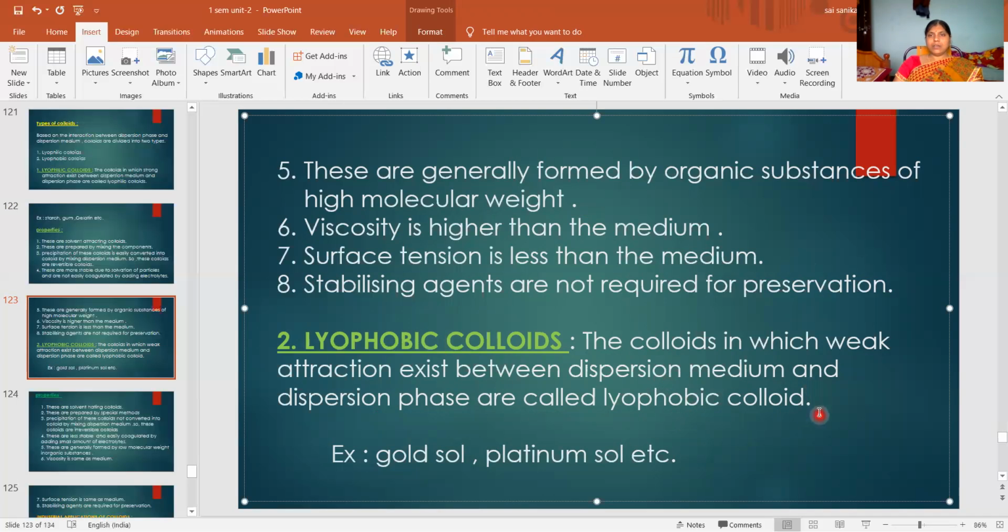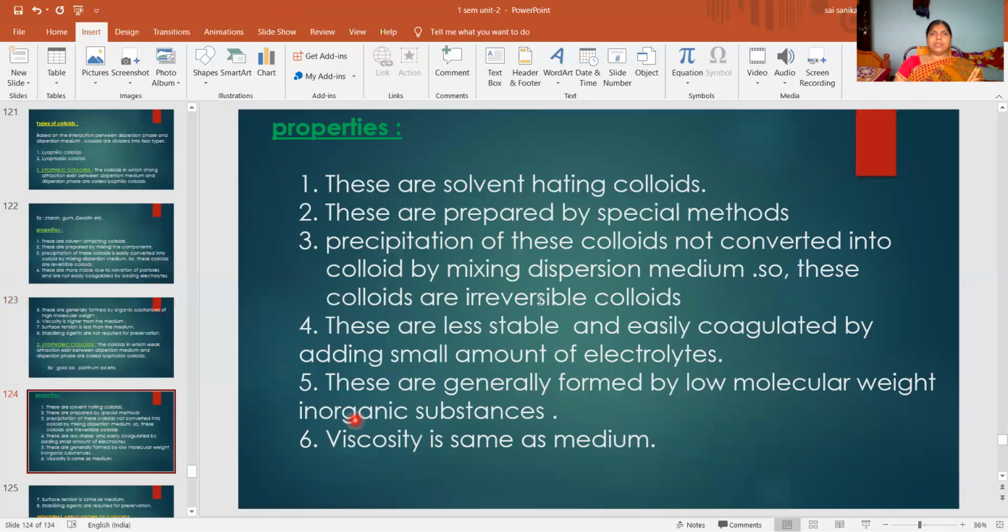Here weak interaction exists, whereas there strong interaction exists. Examples are gold salt and platinum salt. So we'll see the properties of lyophobic colloids. They are solvent hating colloids.